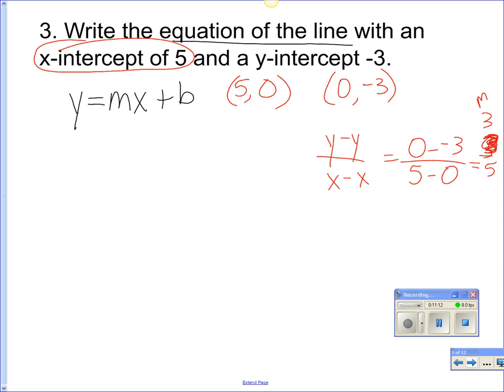Okay. Monica, what do you want to put in for Y? Okay. How do I label that? What goes with what? So what do you want to put in for Y? 0. What goes in for M? What goes in for X? 5 plus B. Okay.